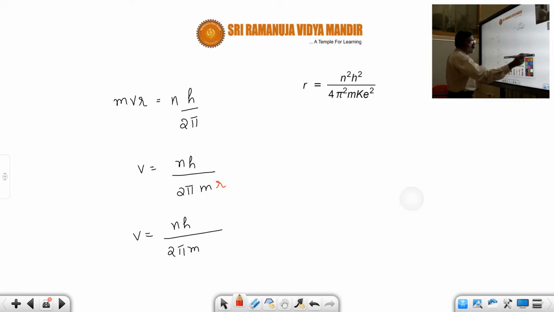So the r value is n square h square by 4 pi square m k e square. This value I am substituting.